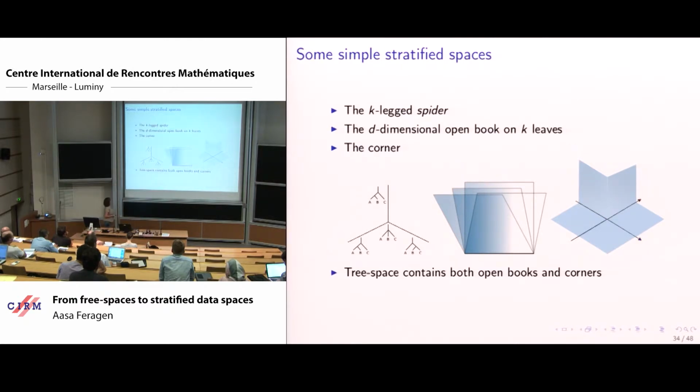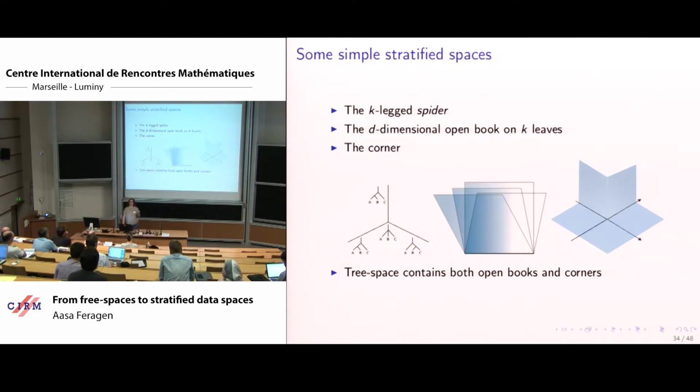Now some simple examples of stratified spaces, you've seen them already. It could be the K-legged spider consisting of one-dimensional lines glued together in a single point. You could have the D-dimensional open book on a finite number of leaves. This is just half spaces glued together along the spine. Or you could have the corner singularity that we've seen, and all of these appear in tree space.